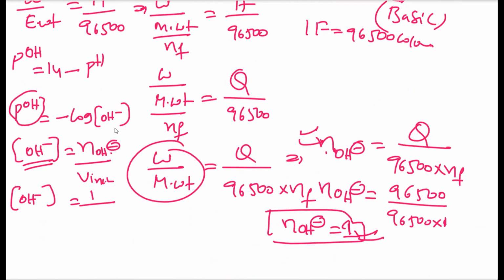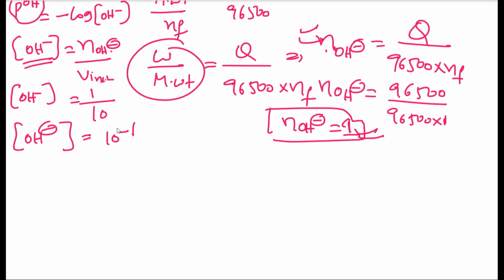So this is 1 by 10. Then the concentration of OH minus is 10 power minus 1.